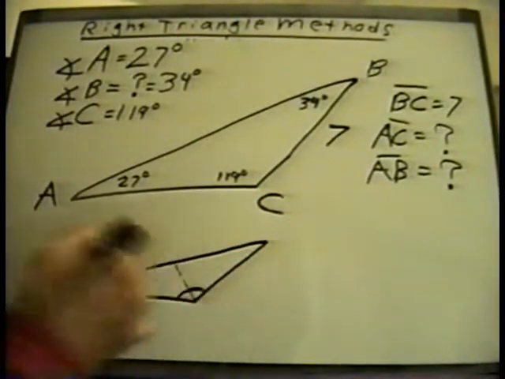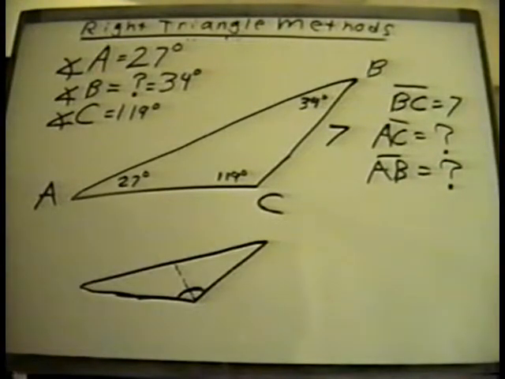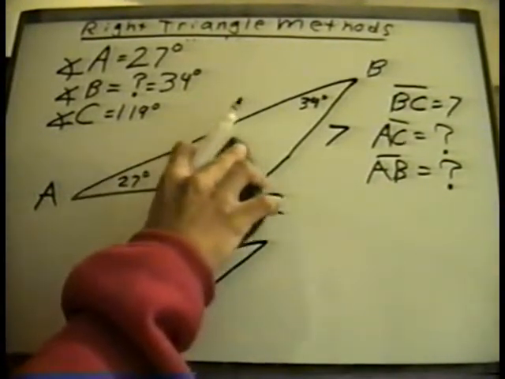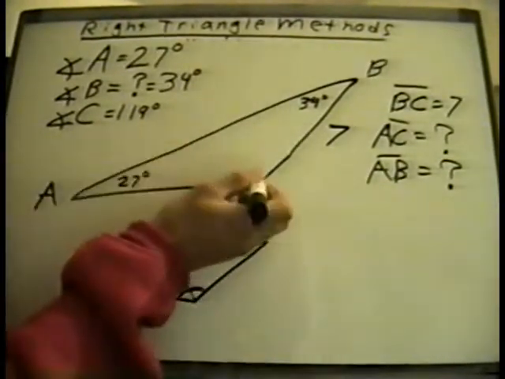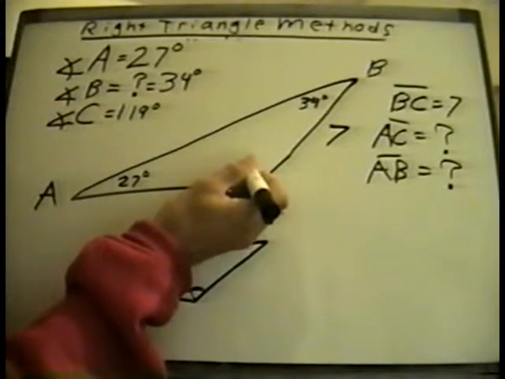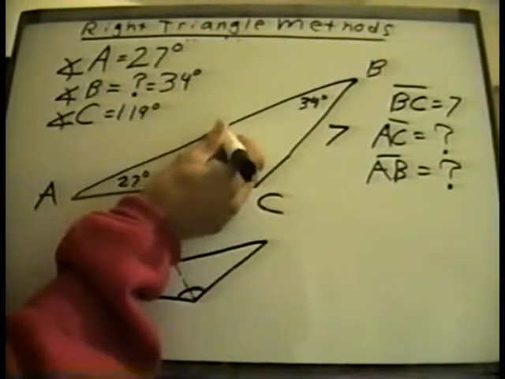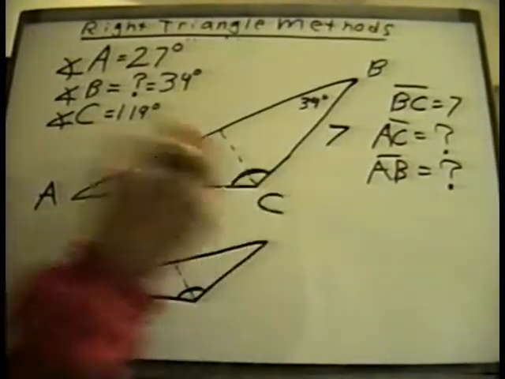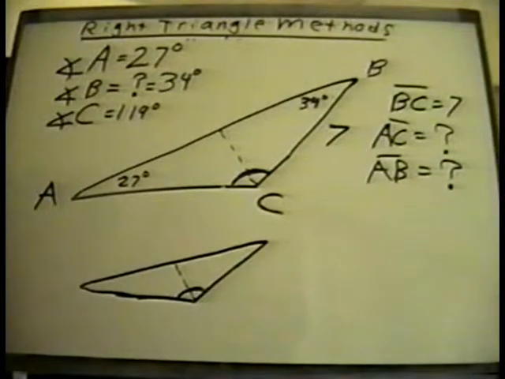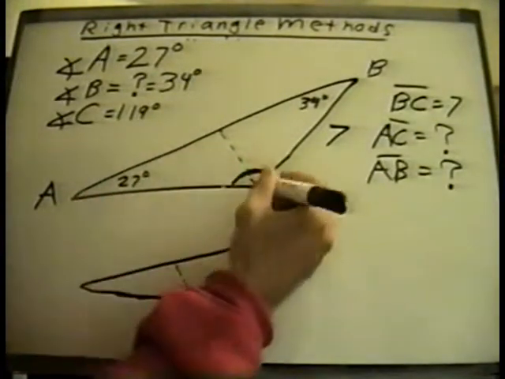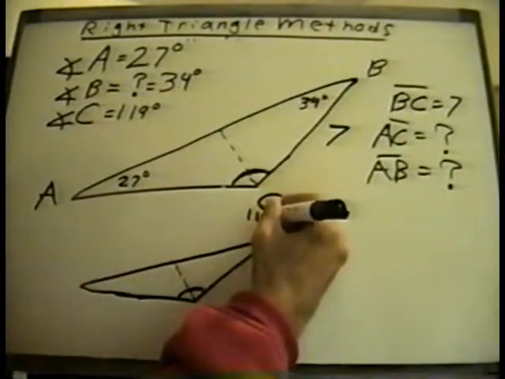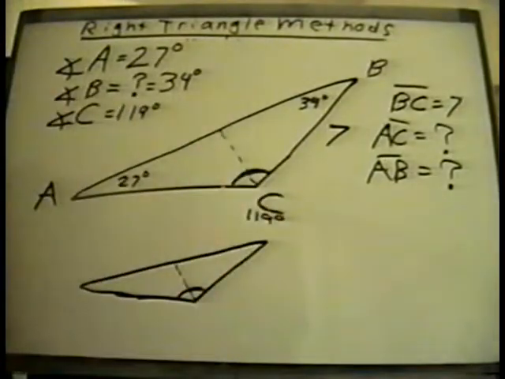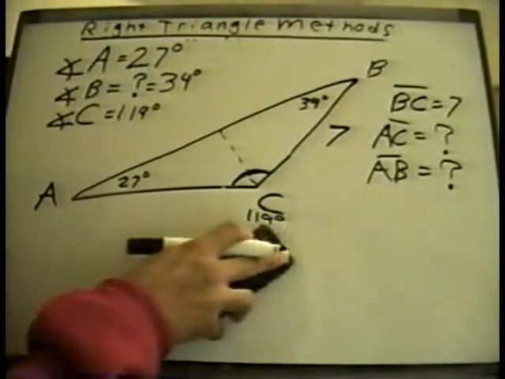We don't know if we're cutting it exactly in half, but we're cutting into this angle once we form our two right triangles. Okay? So this entire angle here, this angle C, is 119 degrees.